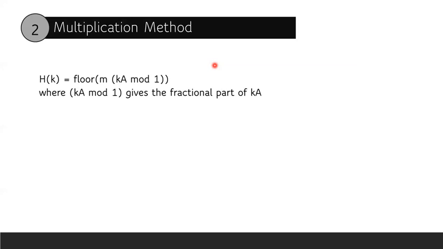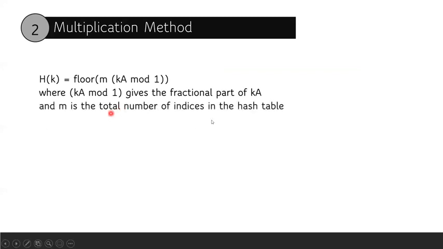Now m here is the total number of indices in the hash table. So m is the number of indices, K is the key, and A is a constant value that you can select to be whatever you want.